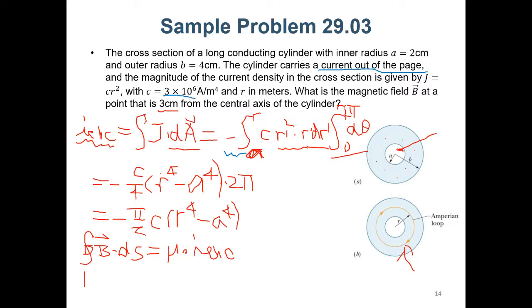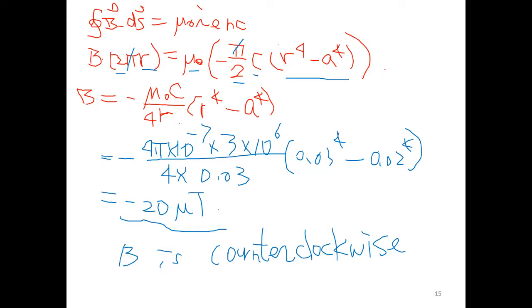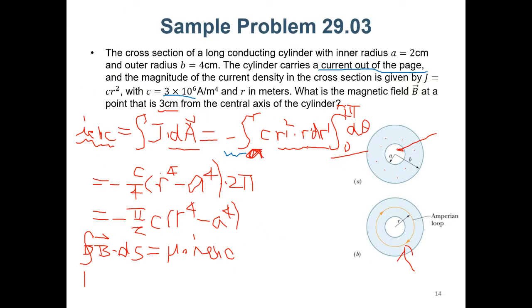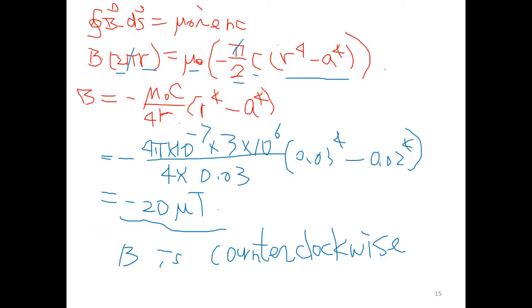If you assume the Ampere loop to be counterclockwise, then J will be positive, and you find the final answer B will also be positive, which means B will be counterclockwise, which matches this conclusion.